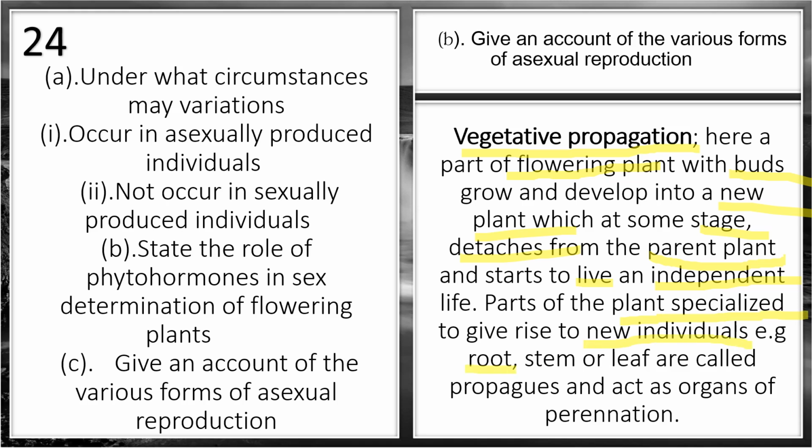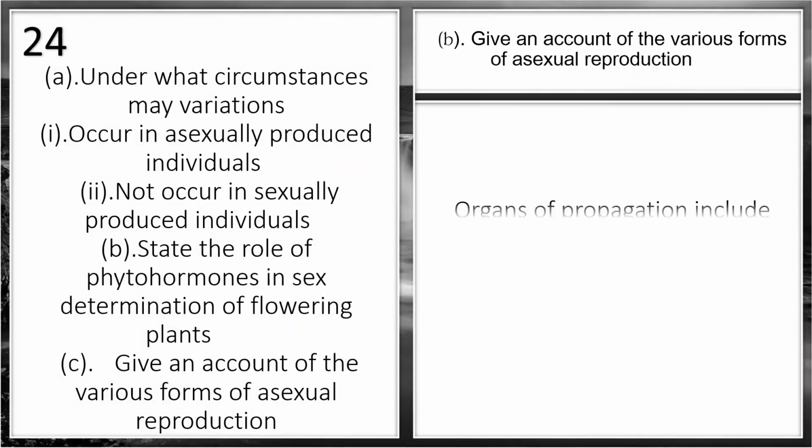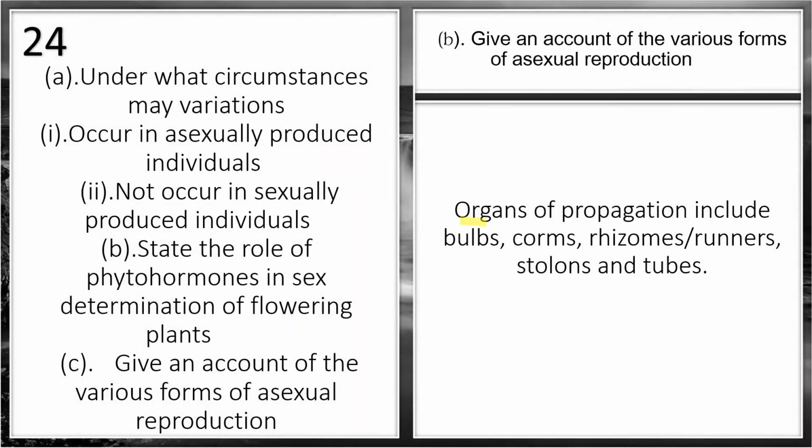For example, the roots, the stems, the leaves are called propagules and act as organs of perennation. Organs of propagation include the bulbs, the corms, the rhizomes, the runners, stolons, and tubers.